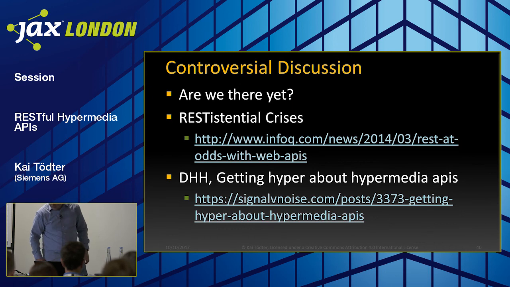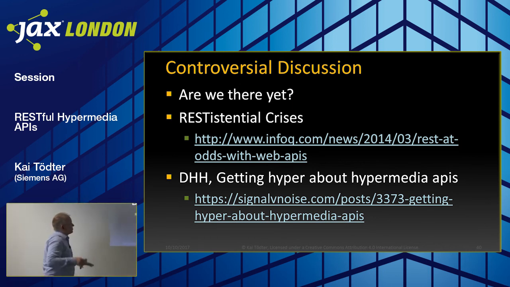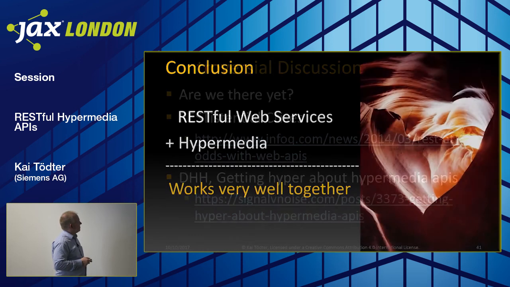And of course there's some controversial discussion. There are pros and cons using Hypermedia, and there's a group of people who think, for instance, oh, this Hypermedia stuff, it bloats my JSON. I want to have concise, small JSON, or nobody really understands how to use it, and so on. And those discussions are very entertaining.